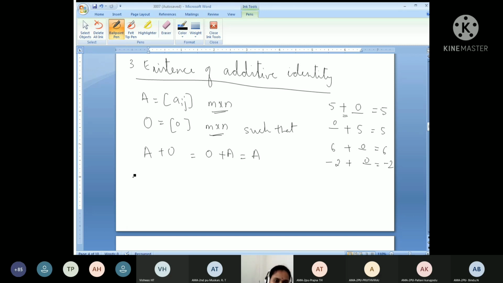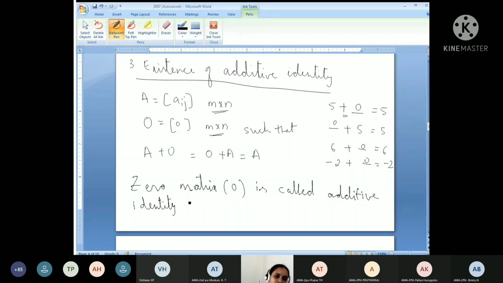So what I have to write: the 0 matrix is called the additive identity of matrix addition.